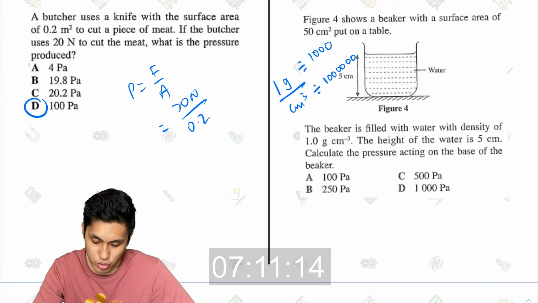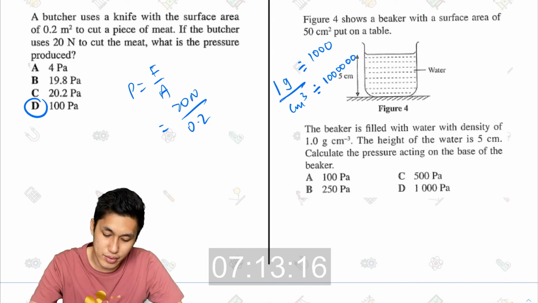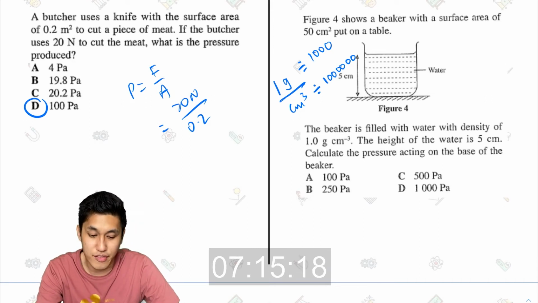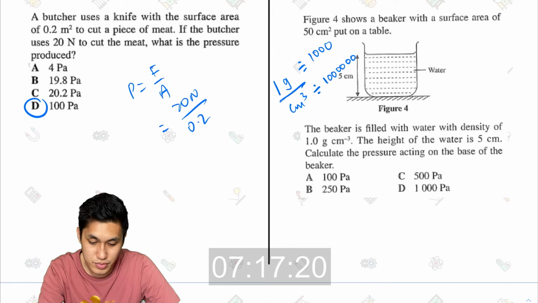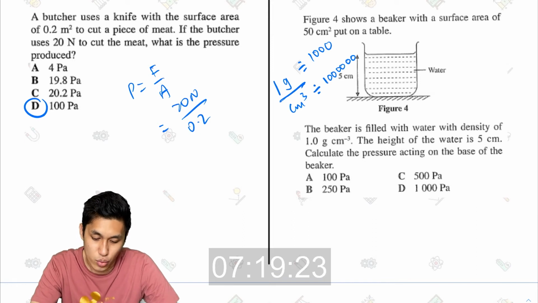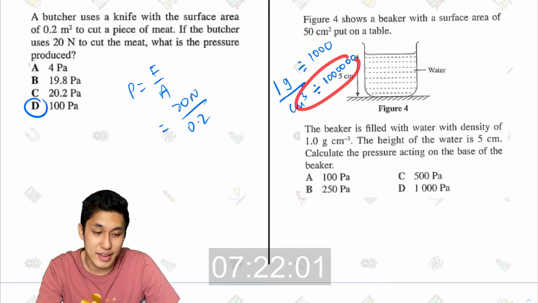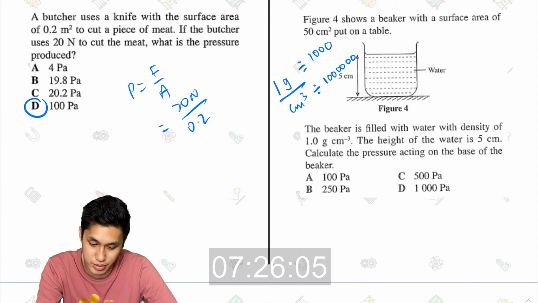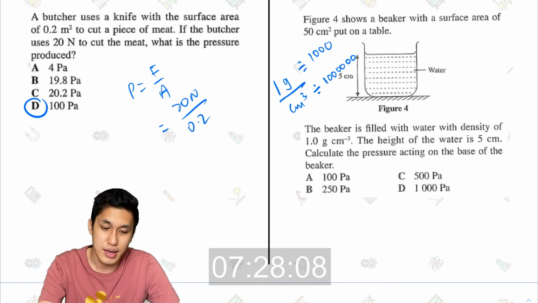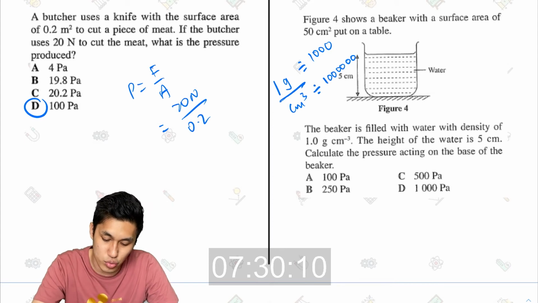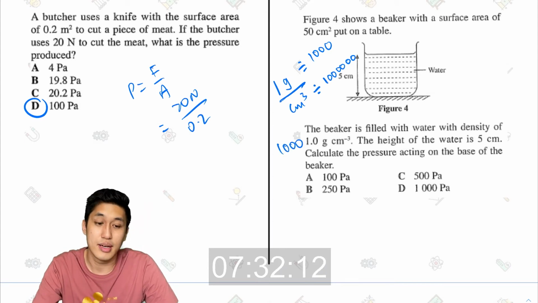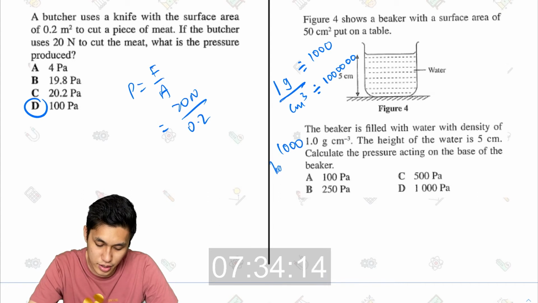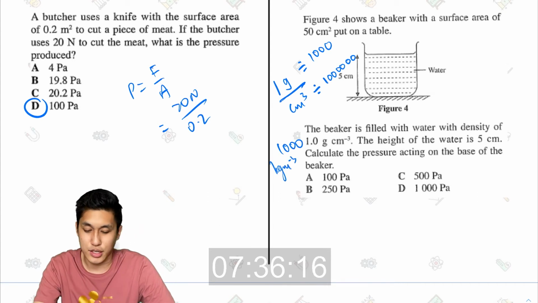So basically what I'll get here is 1 divided by 1000, and when you divide by another divided number, it's basically multiply. So you multiply by 1000000, and I'll get the density to be 1000 kilograms per meter cubed. That is the density of the water.